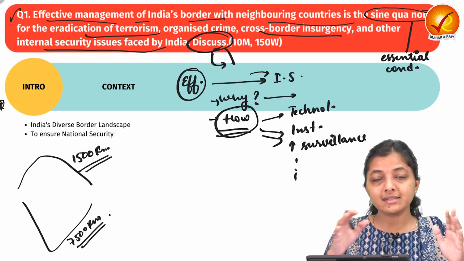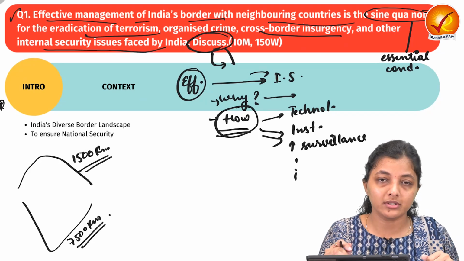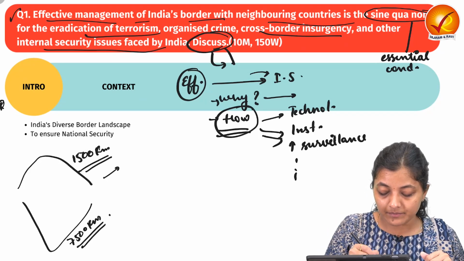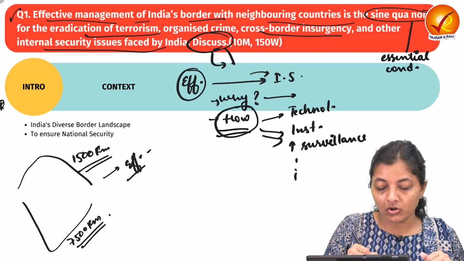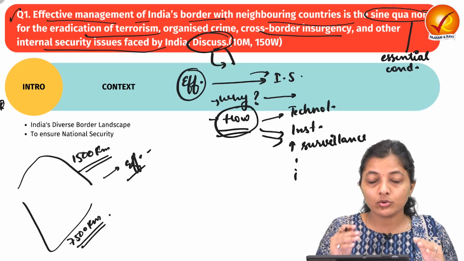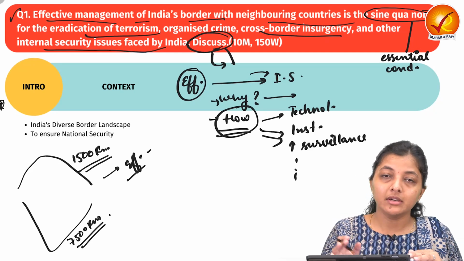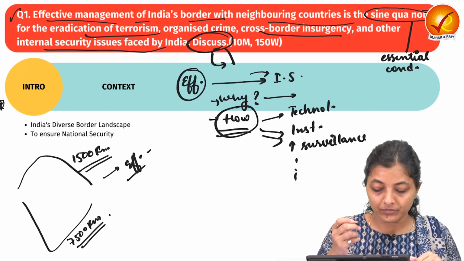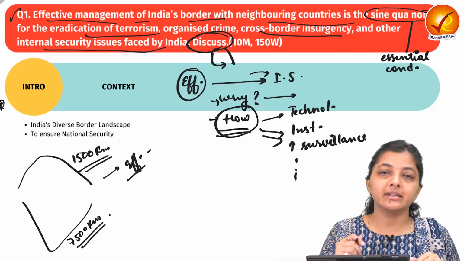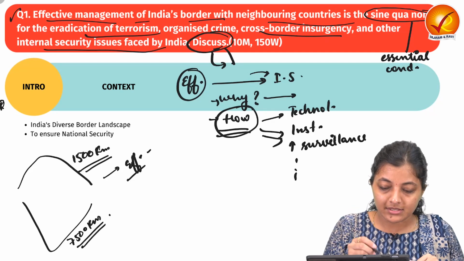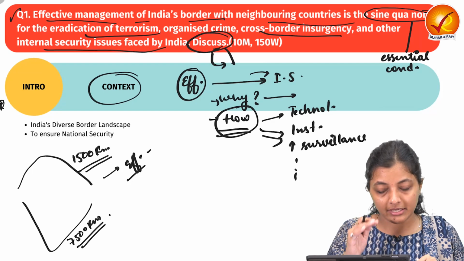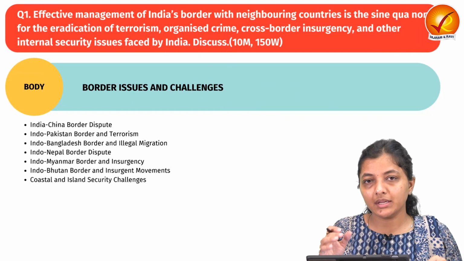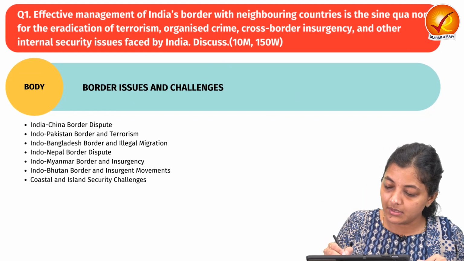Due to this expanded nature of the borders, it requires effective management of border security so as to counter terrorism, counter the insurgency forces, and counter the attacks which hamper the sovereignty and the integrity of the country. So this way you can write the introduction, or you can make the Indian map.